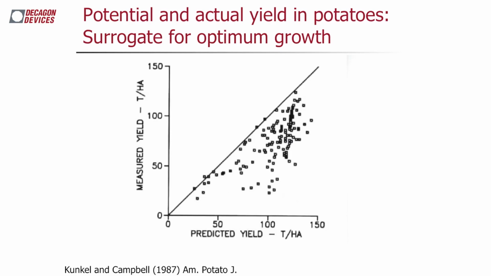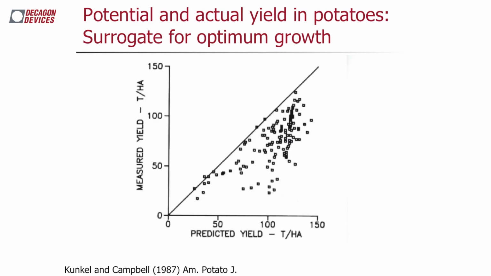And Dr. Kunkel over the years has really done great service to this industry. Here I'm showing some plot studies that Dr. Kunkel did, where they were looking at the potential or predicted yield of these potato plots versus the actual measured yield.